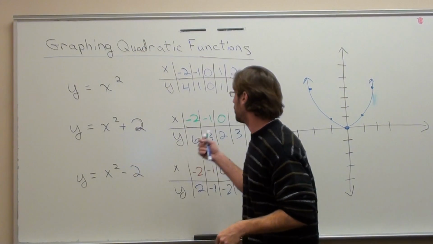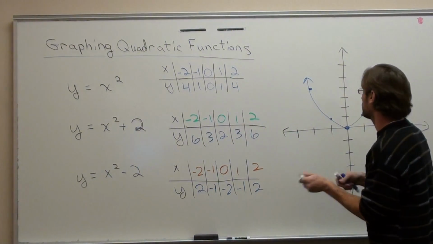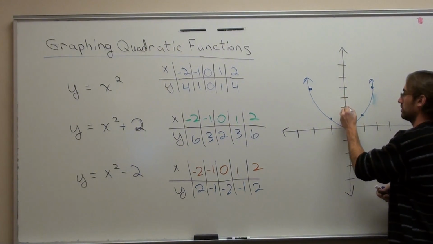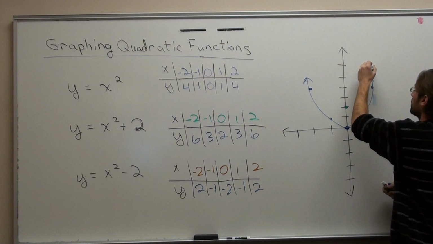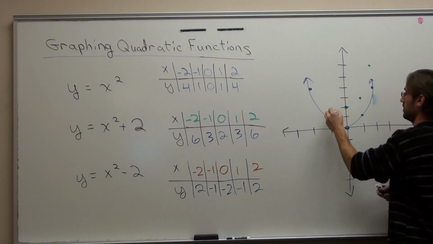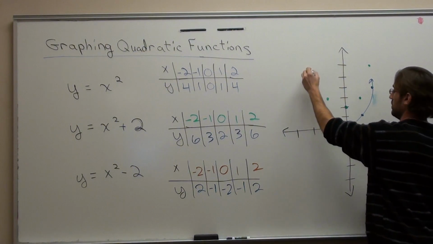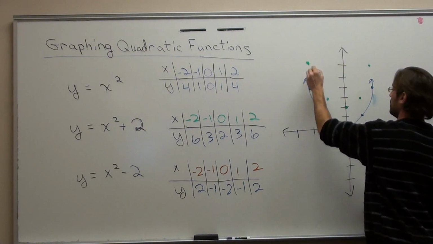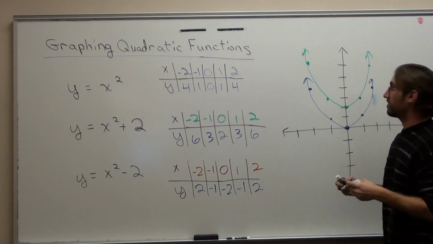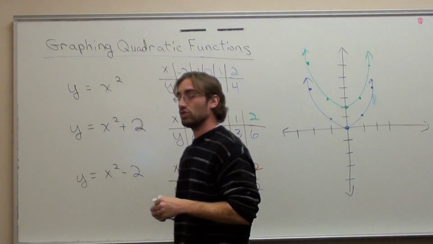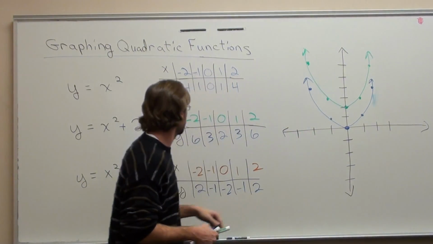Now, let's do the second one in green. As you can see, it looks very much like the first graph, except you've raised the vertex, or the starting point, up 2 spots.